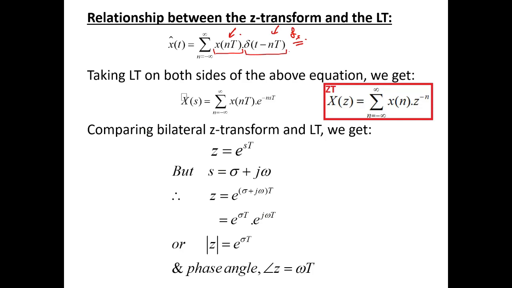At what frequency you will be getting the samples. On the other hand, you will be having x of nT, or you can say the normal signal. It will have its own signal components.